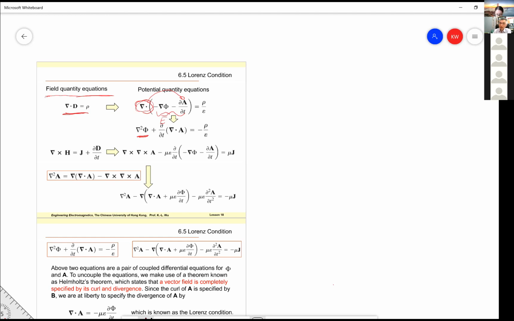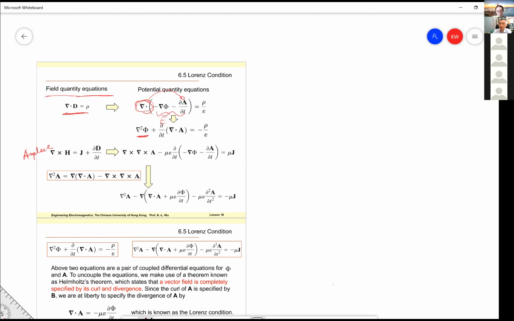Then we use another equation, the curl equation in Maxwell's equations. This is epsilon. We know the epsilon.